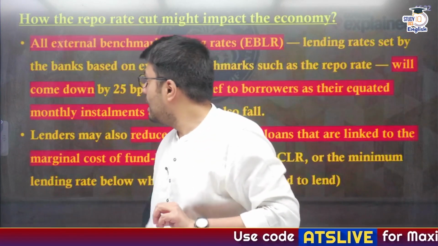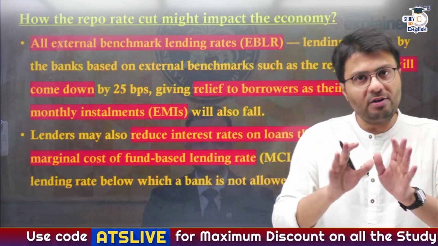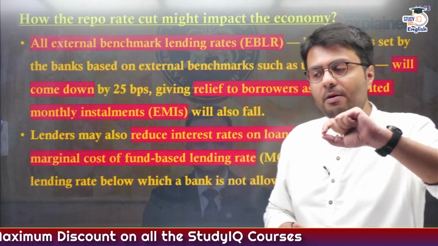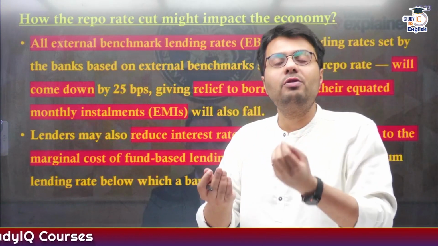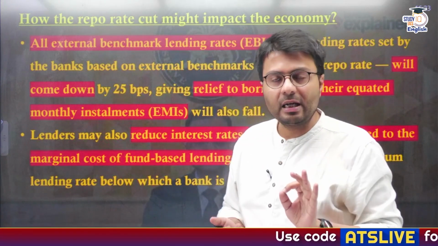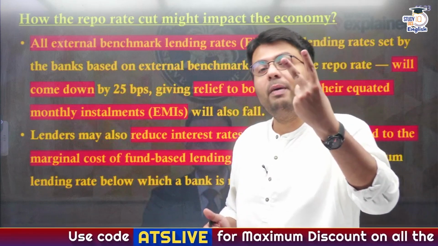Understand? Now, how will it affect consumers like you and me? Let us try to understand this. Any reduction in policy rate also determines the levels of interest that the banks will charge on the loans that you take from the banks, right? Because loans and the amount of interest rates are determined by two factors.